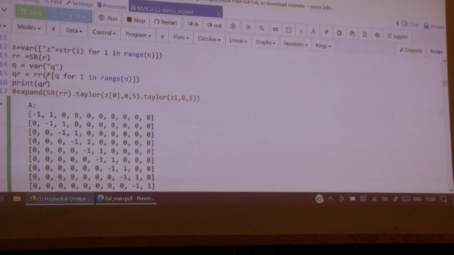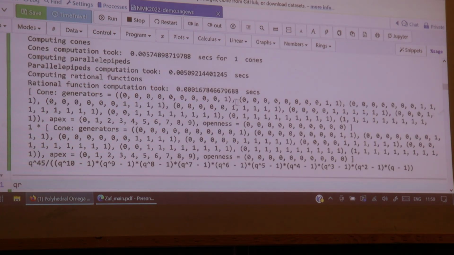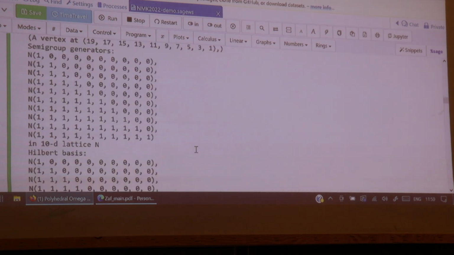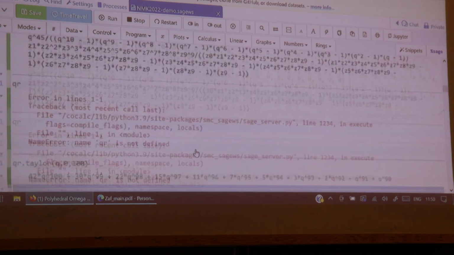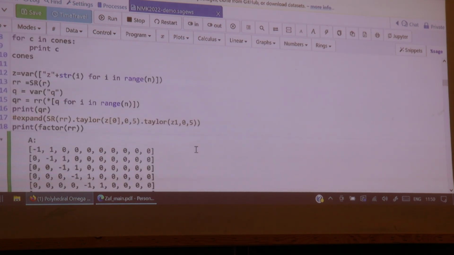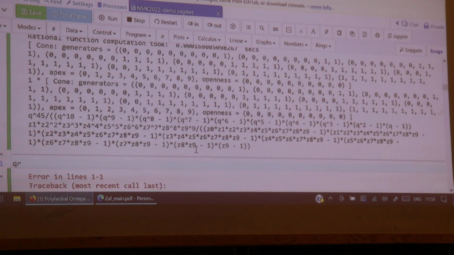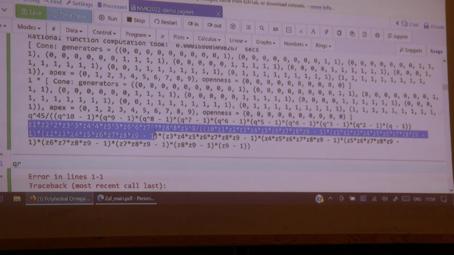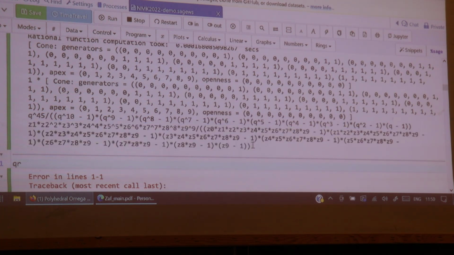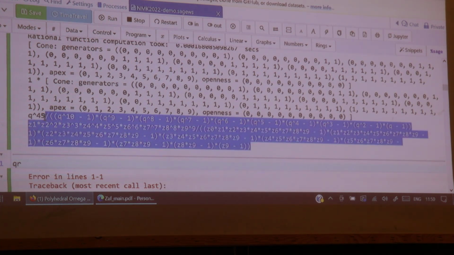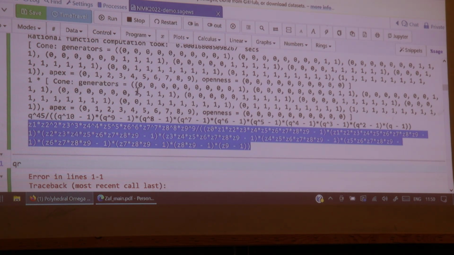But we can also see RR. This one? Yeah. So this is actually the multivariate generating function, okay?